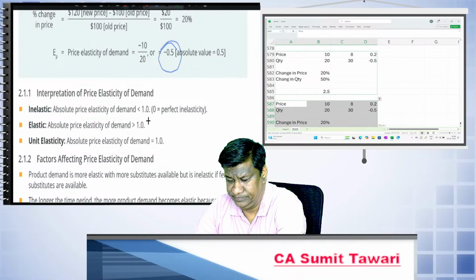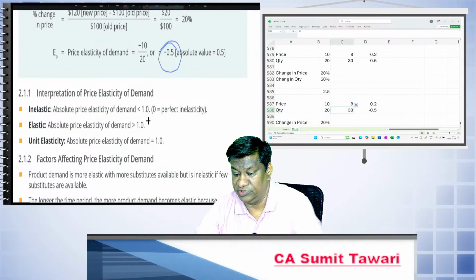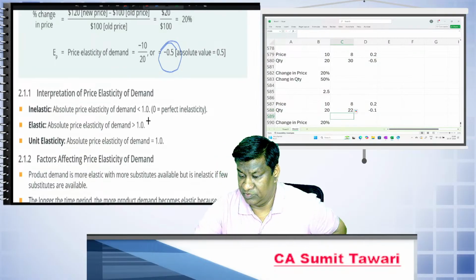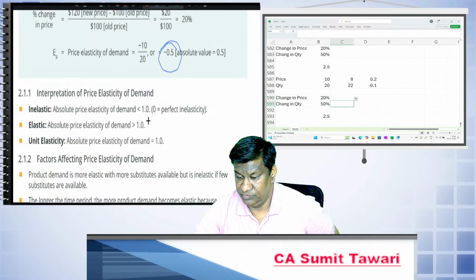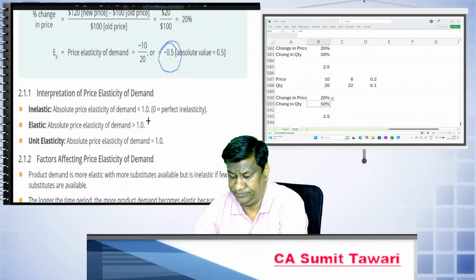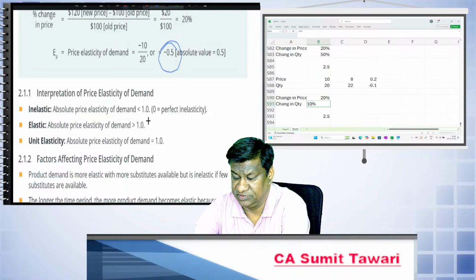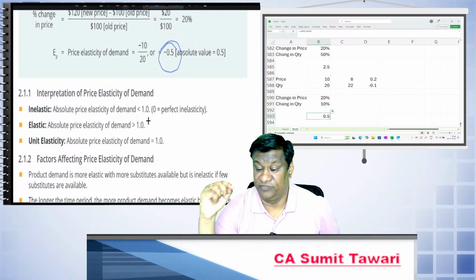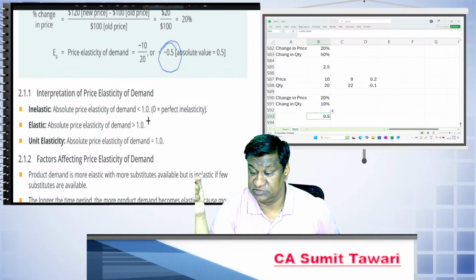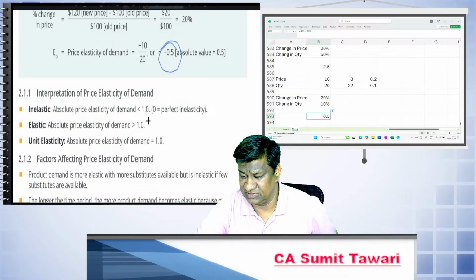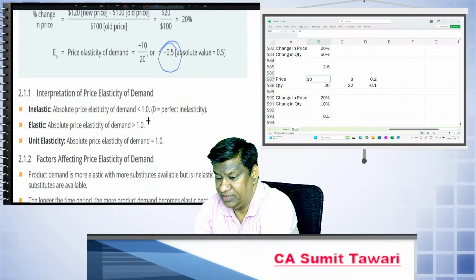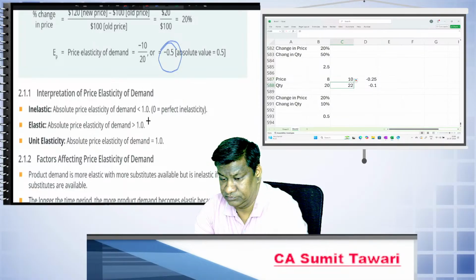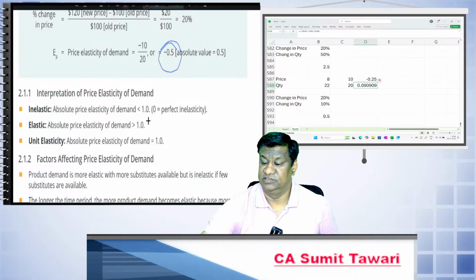In the same situation, if the quantity is 22, so it is 10%. Okay, so it is less than 5. Even though prices increase or decrease, it will not much affect the quantity. You can consider it this way.